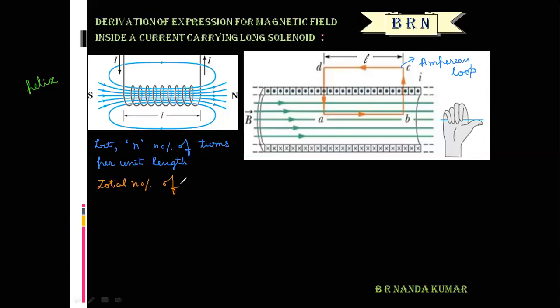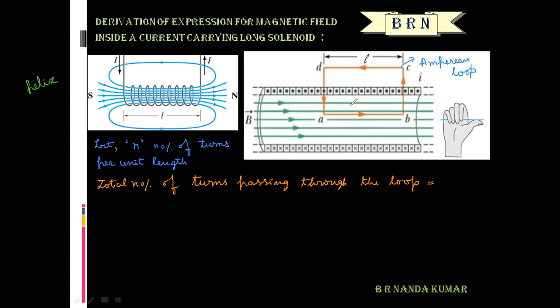Okay. So, what is the total number of turns passing through the Amperian loop? So this is very important here. Small n means number of turns per unit length of the solenoid.